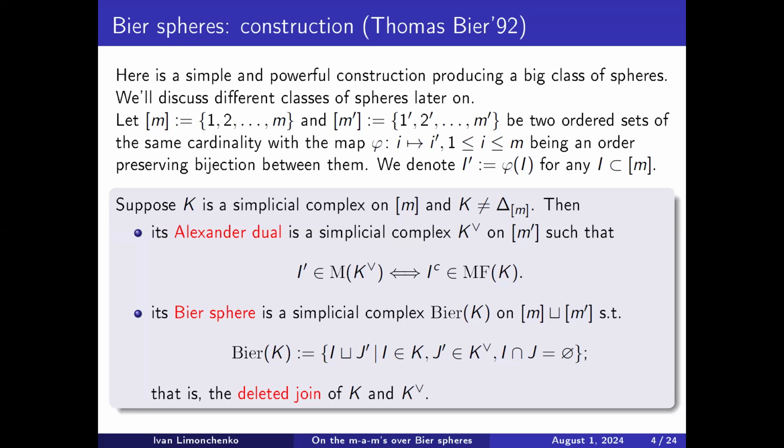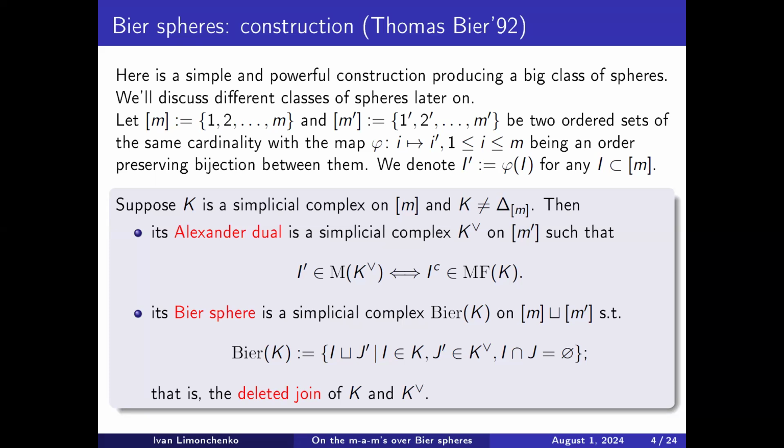So maximal simplices of the Alexander dual are just complements to minimal non-faces of K. And I have to denote [m] and [m] prime to distinguish between the vertices of K and vertices of the Alexander dual, because the Bier sphere is actually defined on 2m vertices, on [m] and [m] prime.